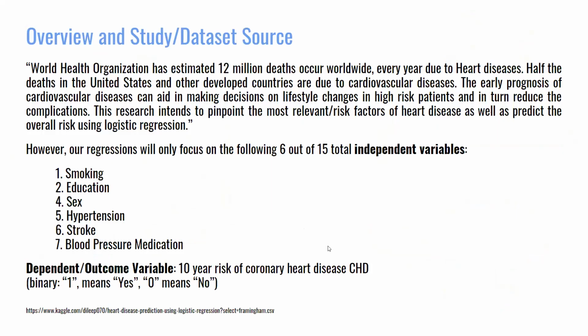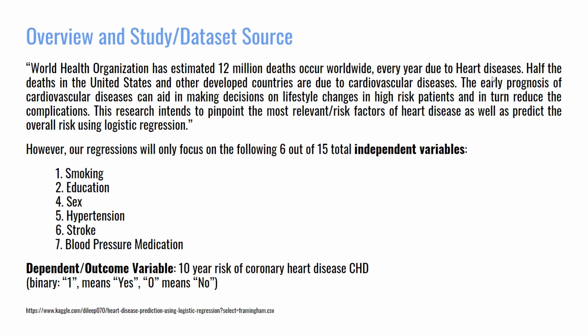Here is just an overview of the data set that we collected. We took it from Kaggle, and the upper part is directly taken from Kaggle. It is from the World Health Organization, which estimated 12 million deaths occur worldwide every year due to heart disease.